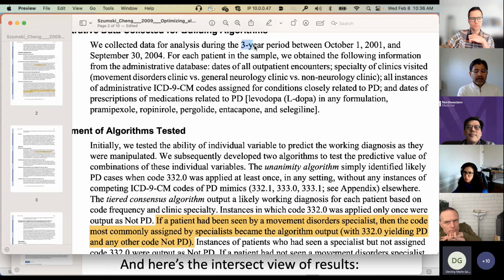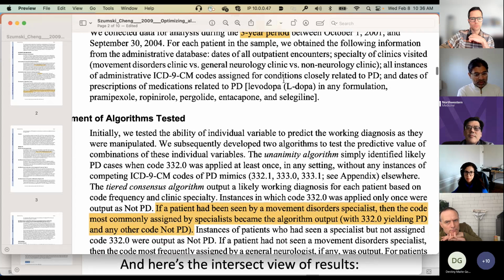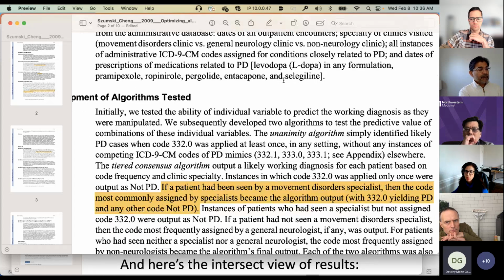Right. And from my experience, most data sources do not have 3 years on most of the people. So Gautam, this actually matters. It depends on how you're thinking of the 3 years.